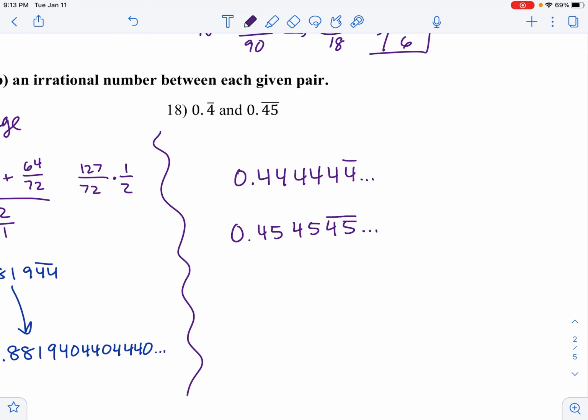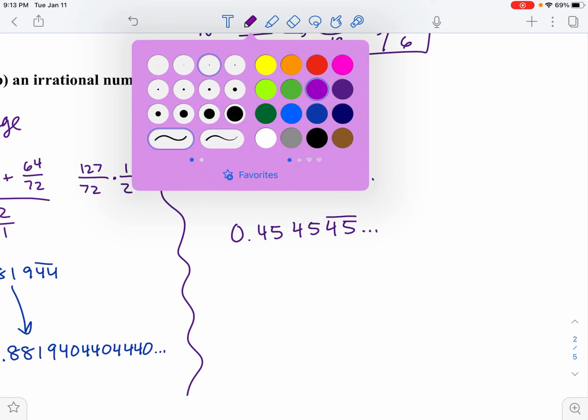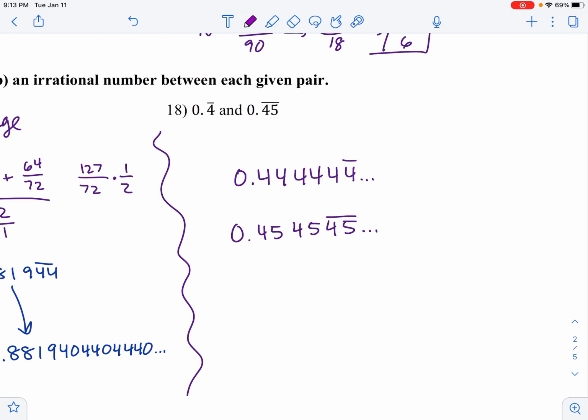And I really tried my best to line up my place values because that's how I'm going to make sure that I have a number in between. So let's see, for my rational number in between, I have to be at least as great as this one, but I want to be less than this one. So I have to have 0. Oh, wait, they both start with 4, so I have to have a 4.